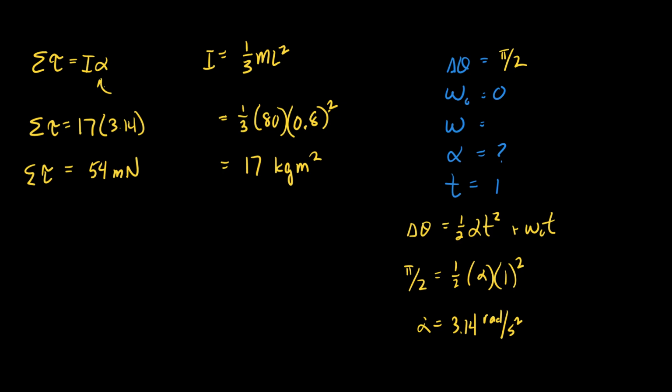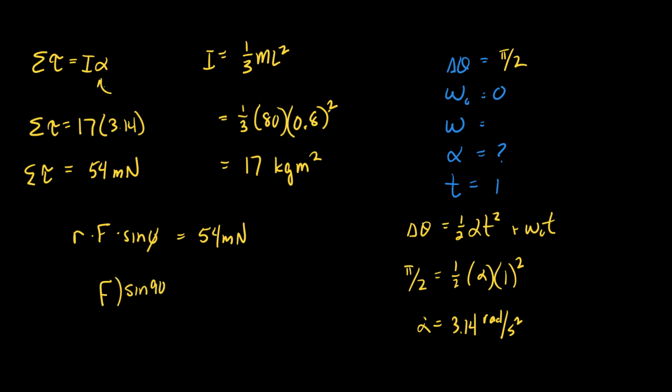And we can get that pretty easy because they tell us where the force is applied to the door. So if we take that and assume that the only torque acting on it is the evil box, then R times F times the sine of the angle has to equal that 54 meter newtons. They tell us that it's pulling perpendicular to the door, so that's a sine of 90.